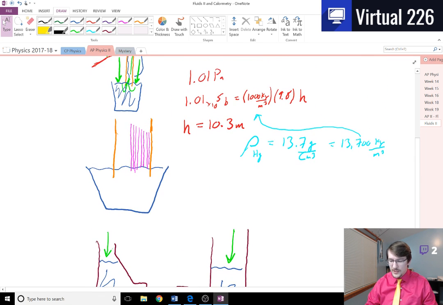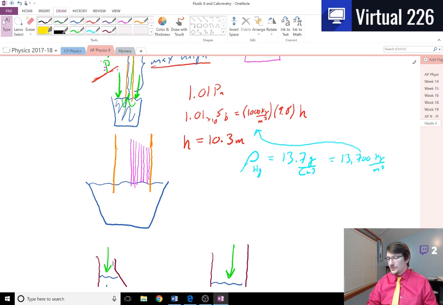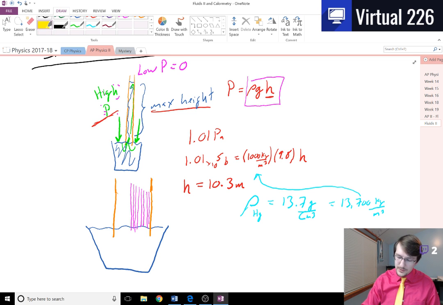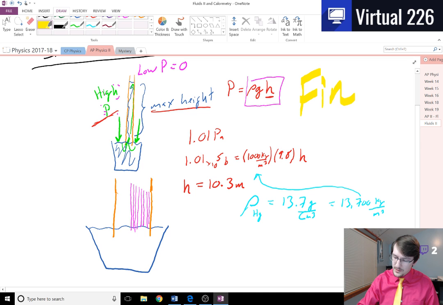So that's an important thing to keep in mind. It's kind of a weird, non-intuitive thing, because you think with a wider opening it should drop, but that's wrong. Pressure's pressure, and it's just pushing on everything equally. So if you did have a larger opening, nothing would change there. So with that, this intergalactic problem number 6 for the fluids is finished.